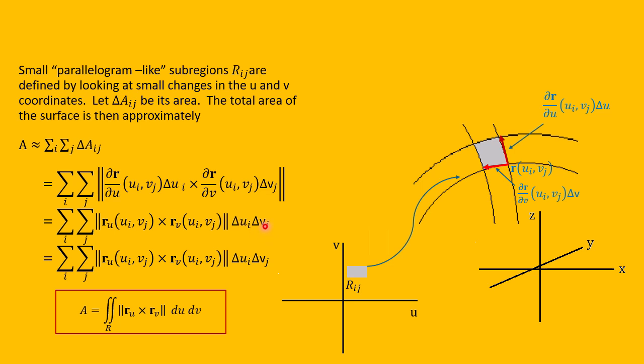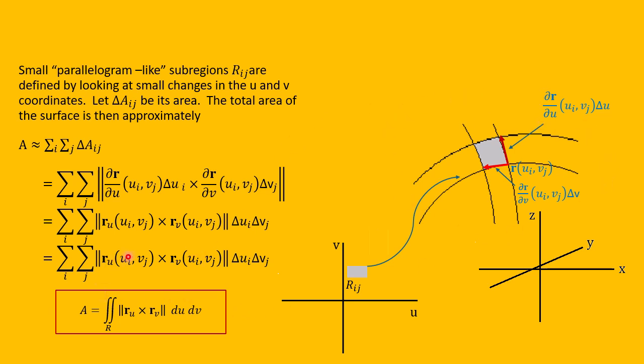But if we let the number of little rectangles go to infinity by partitioning the region up here, this is going to be a Riemann sum for a double integral, which will give us the surface area of whatever surface we have up here.